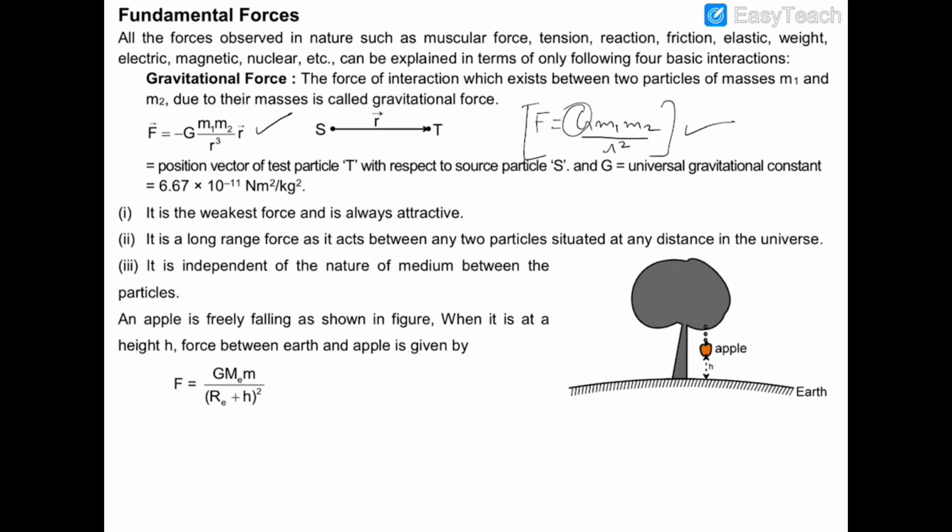If an apple is at a height of h from the Earth's surface, then the gravitational force which Earth applies on the apple is given by F is equal to G Me m divided by Re plus h whole square. Me is the mass of Earth, m is the mass of the apple, Re is the radius of Earth, and h is the height of the apple at that instant from the Earth's surface.